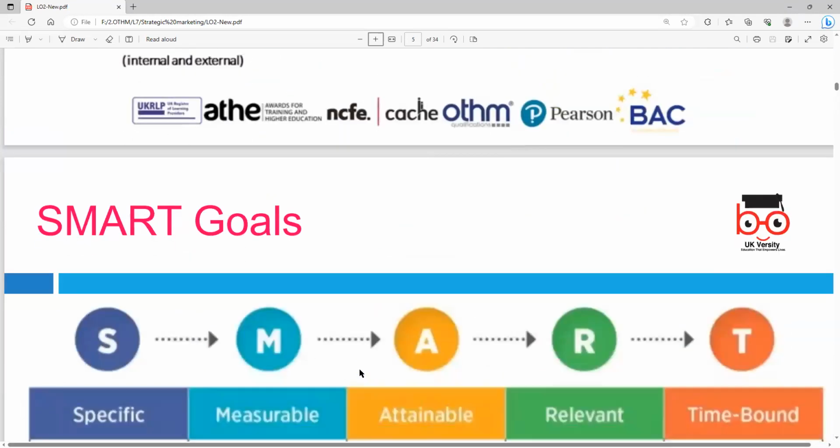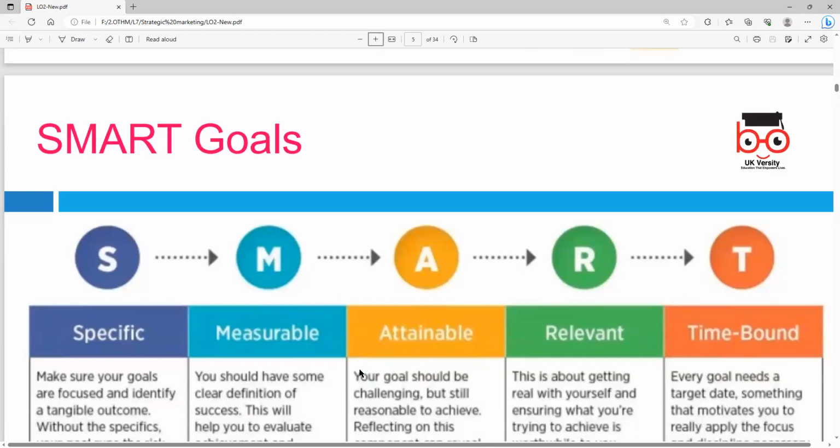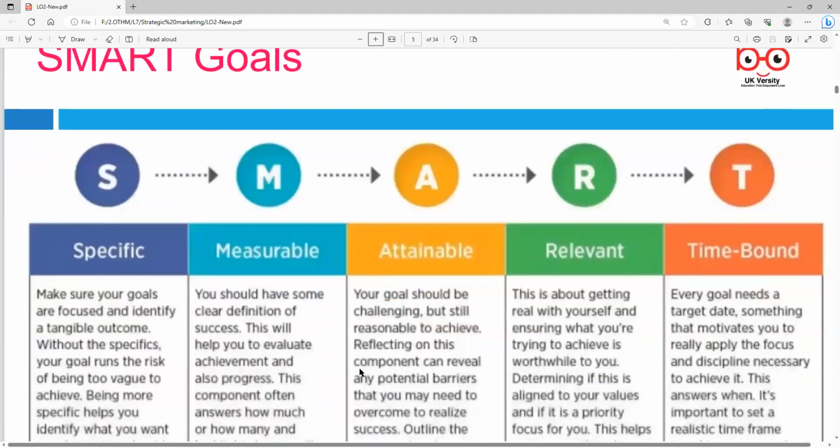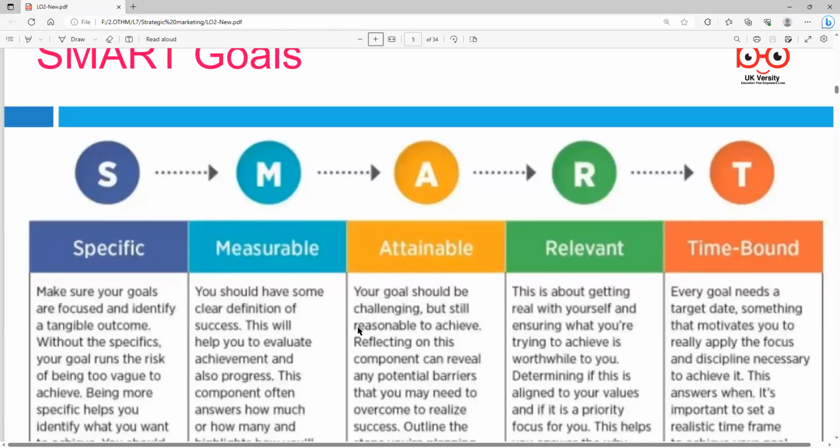Okay, now look at first of all, where are we now? We need to look at our objectives, SMART objectives, SMART goals. And SMART, as you know, stands for specific, measurable, attainable, relevant, and time-based objectives. Okay, it can be specific. What do we mean by specific?